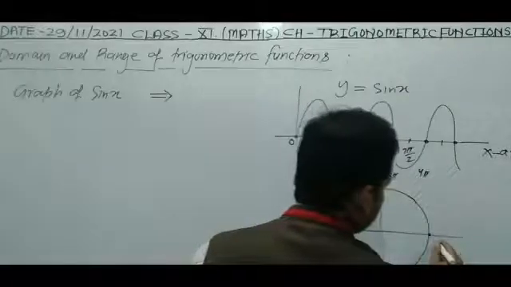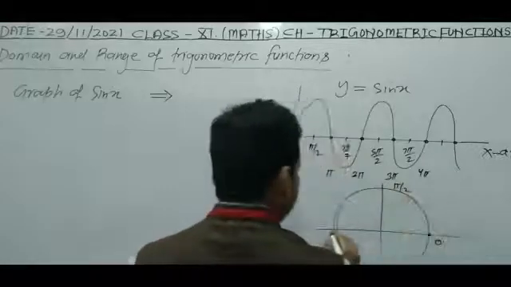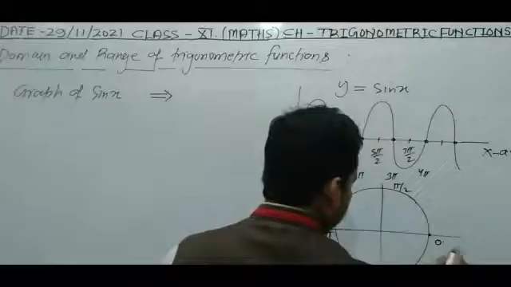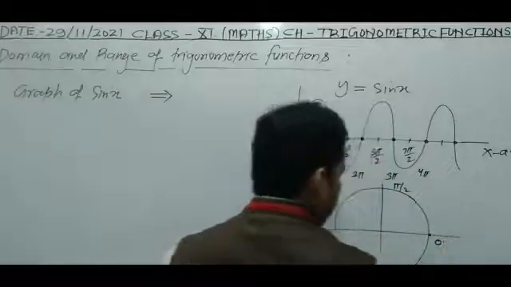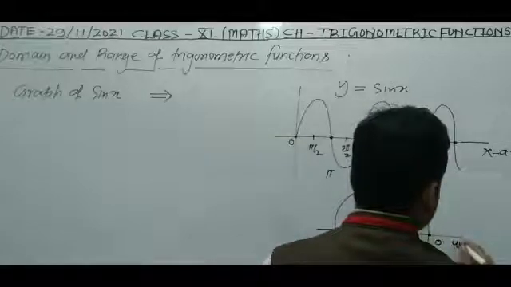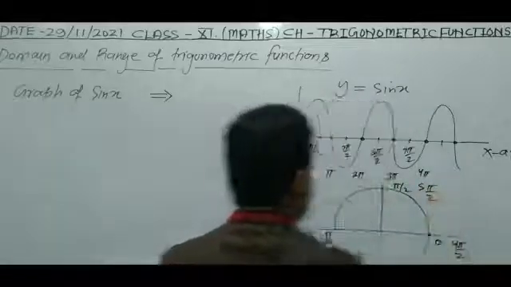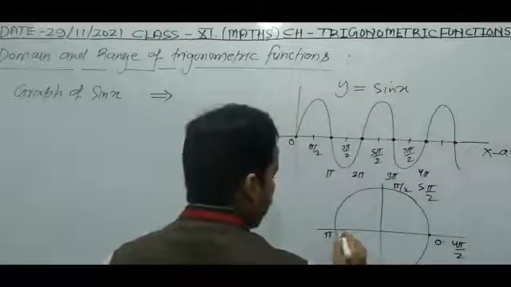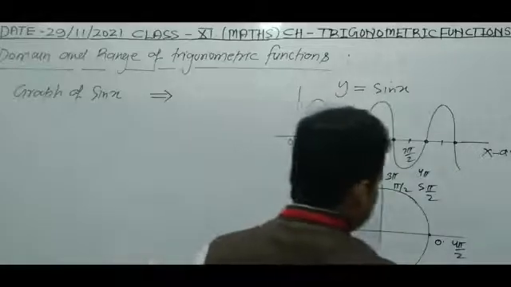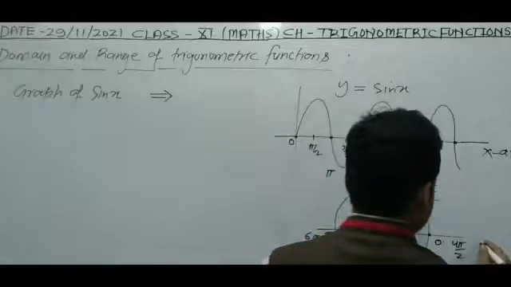This is 0 degree, this is pi by 2, this is pi, this is 3 pi by 2, this is 4 pi by 2, this is 5 pi by 2, this is 6 pi by 2, this is 7 pi by 2, and this is 8 pi by 2.